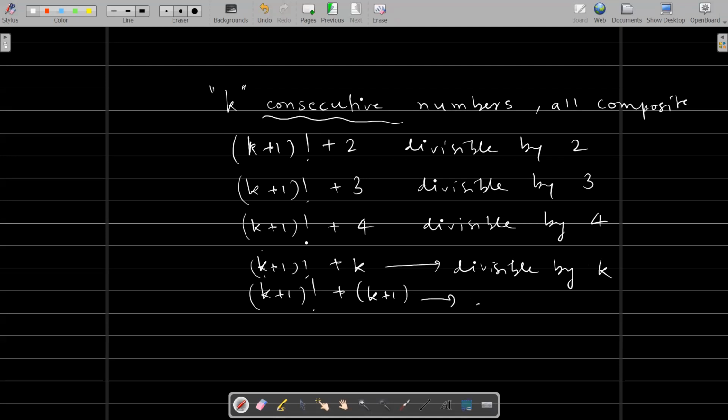This will be divisible by k plus 1. Okay. So these are k consecutive numbers which are all composite. None of them is prime. That's fine.